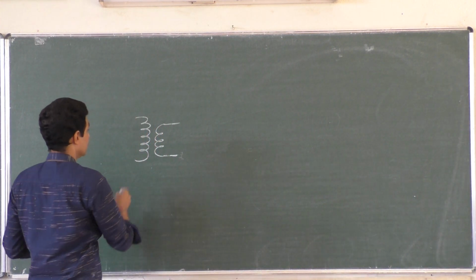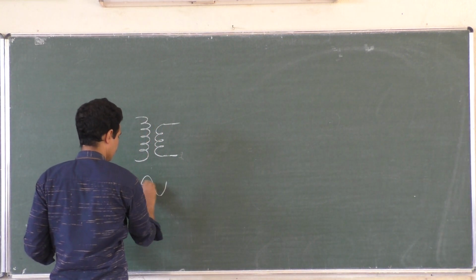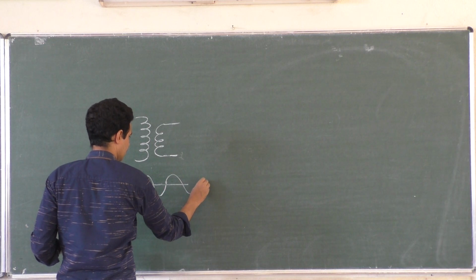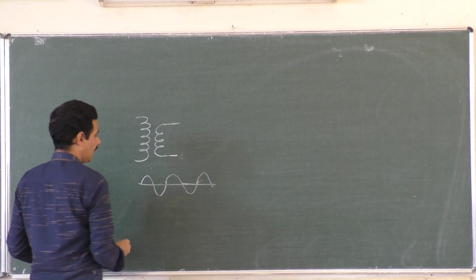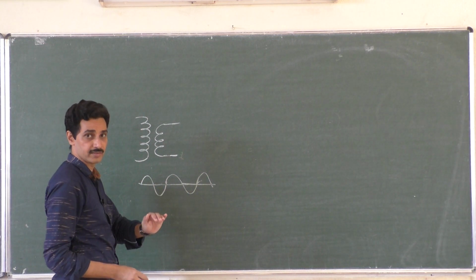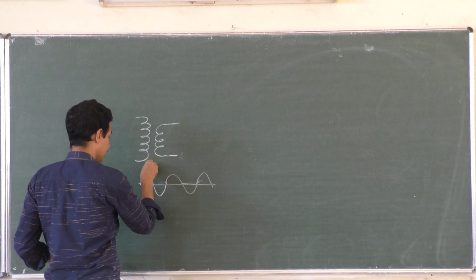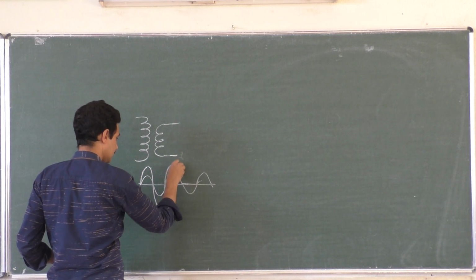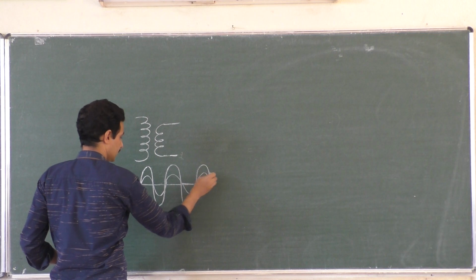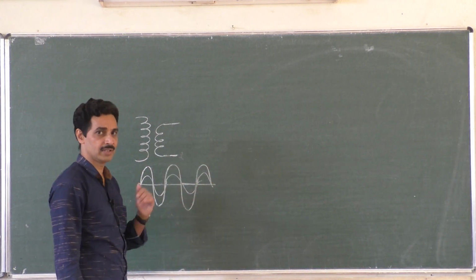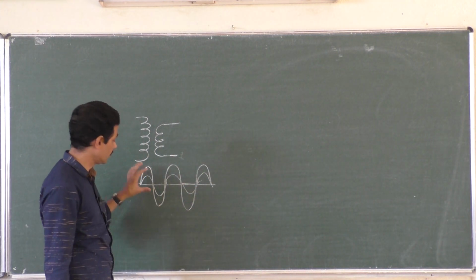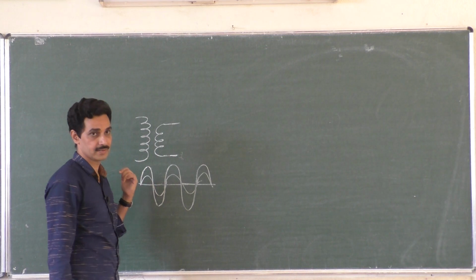For example, if this is the input AC to a transformer, and it is a step up transformer, its output AC amplitude is increased, the voltage will be increased, but the number of pulses per second will not be increased. So output may be more in amplitude, not in frequency.